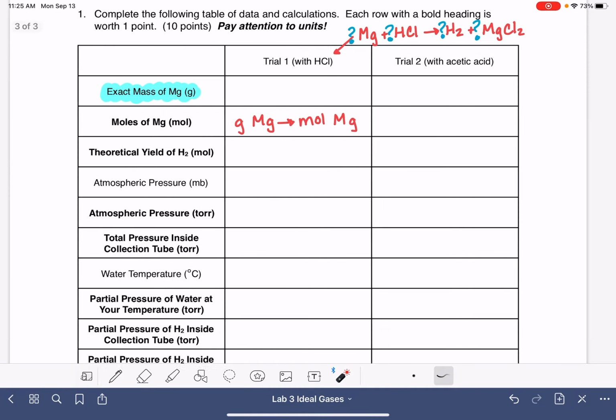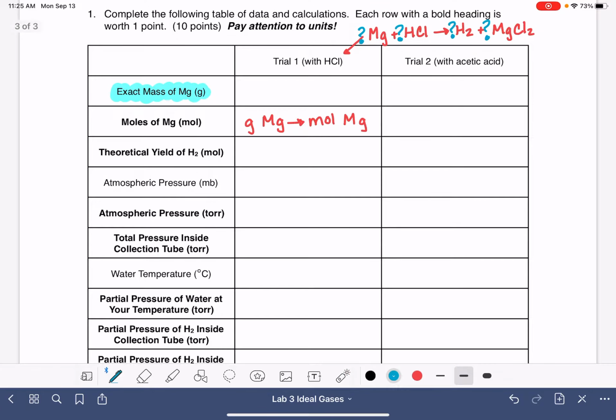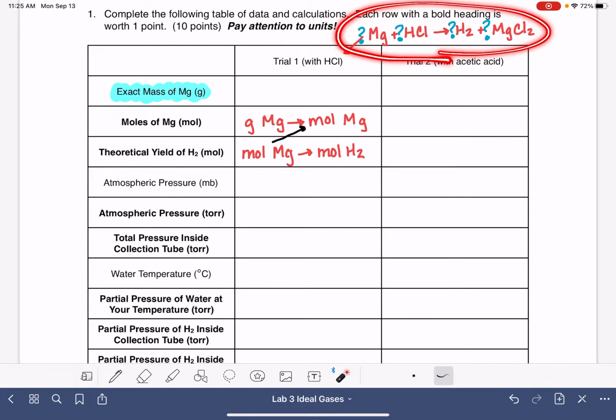You need to balance the equation, and then what you're going to do is convert the moles of magnesium that you calculated right here in this box, moles of magnesium, into moles of H2 using the stoichiometric coefficients from the balanced equation. So whatever those coefficients end up being once you get this equation balanced.